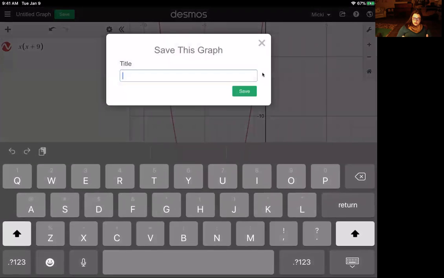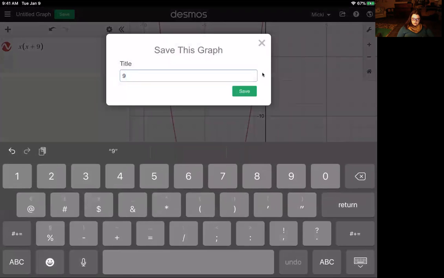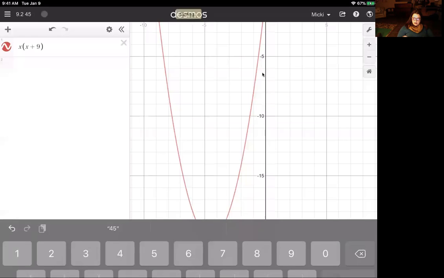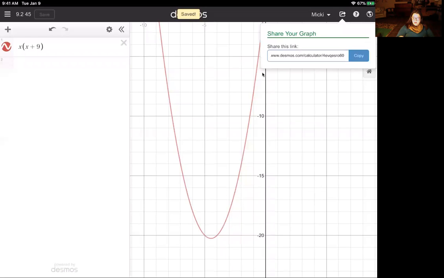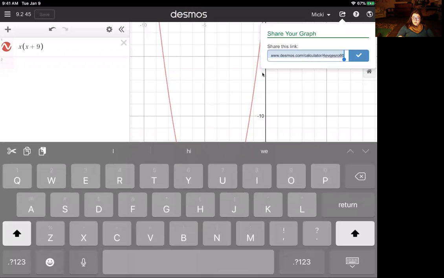So I could title this one 9.2, number 45. And then you can also share the graph. If you copy the link, you can share it with somebody else.